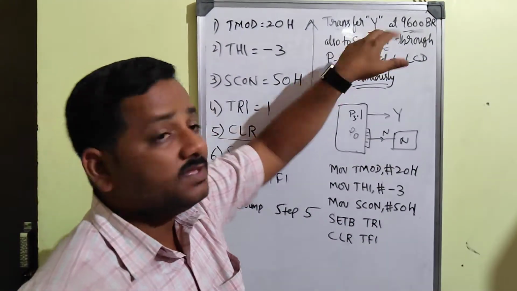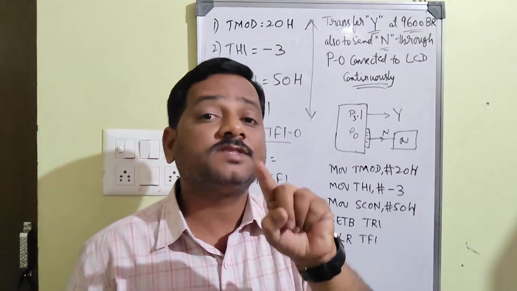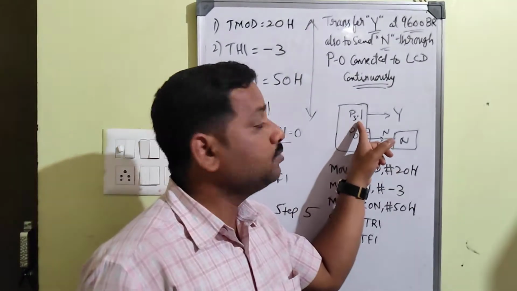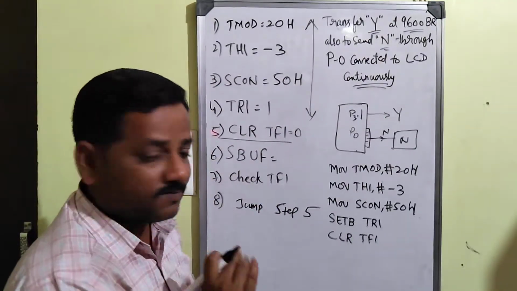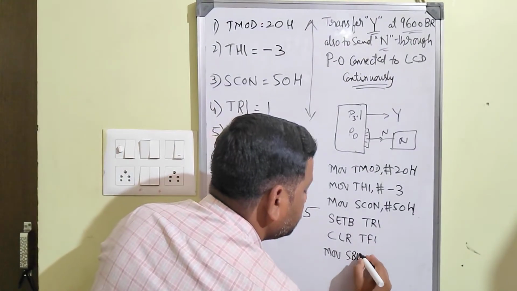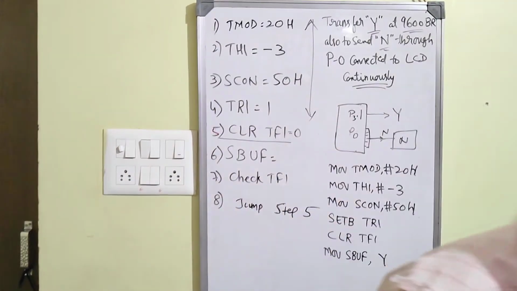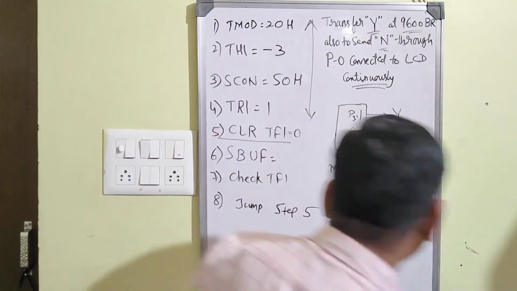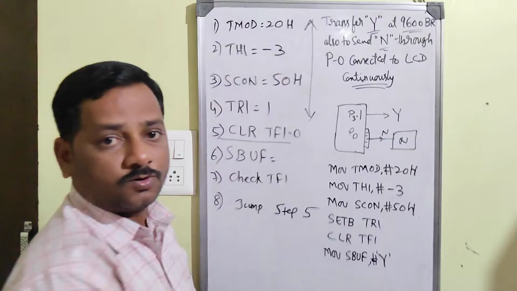I need to move Y serially. So when you put the data in SBUF, it will transfer serially through P3.1. Okay, so put that Y into SBUF. How to do that? Again, MOV SBUF, comma Y. But when we give the character, it has to be given with hash and double quotes, right?